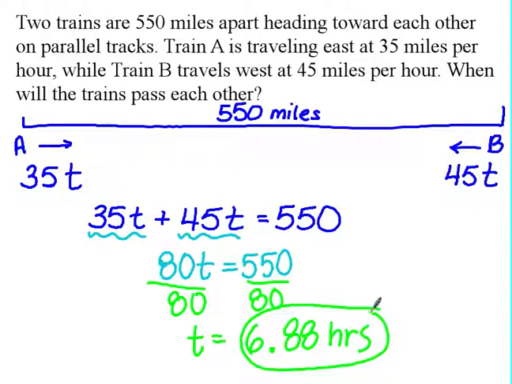Number 8 is just like the soup and the salad one that we did. Numbers 9 and 10 are like the next 2 that we did. 11 and 12 are the average speed that we did. And number 13 is like the very last one that we did.